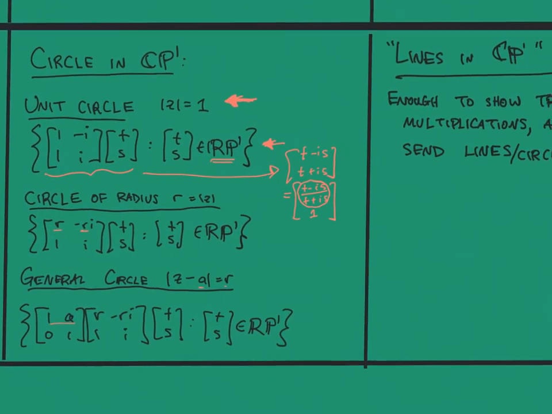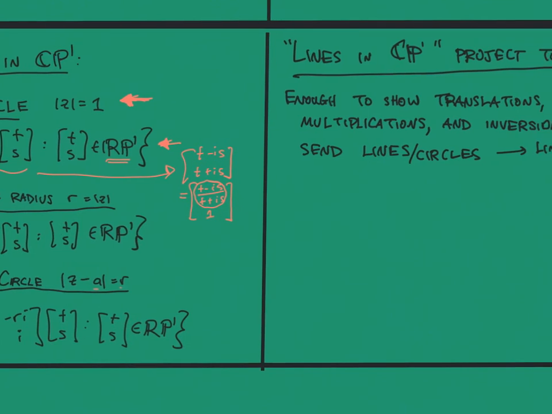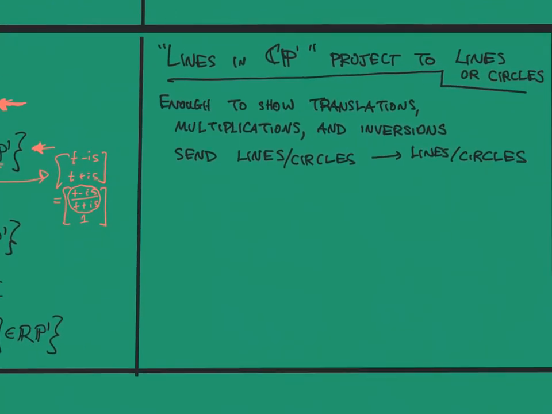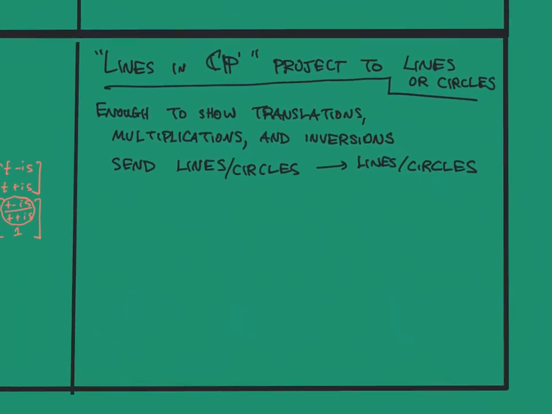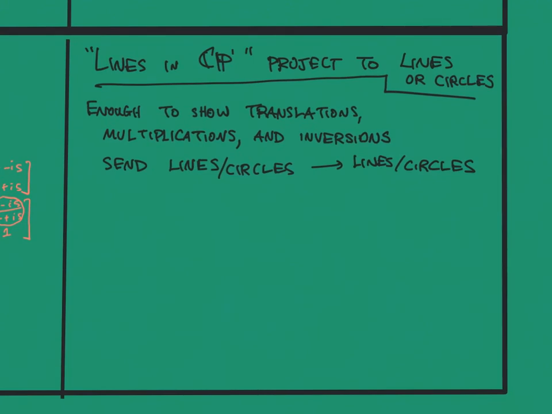Now the last thing to show is that every line in CP1 is one of these. So I claim it is enough to show that translations, multiplications, and inversions send lines and circles to lines and circles. Why is that?